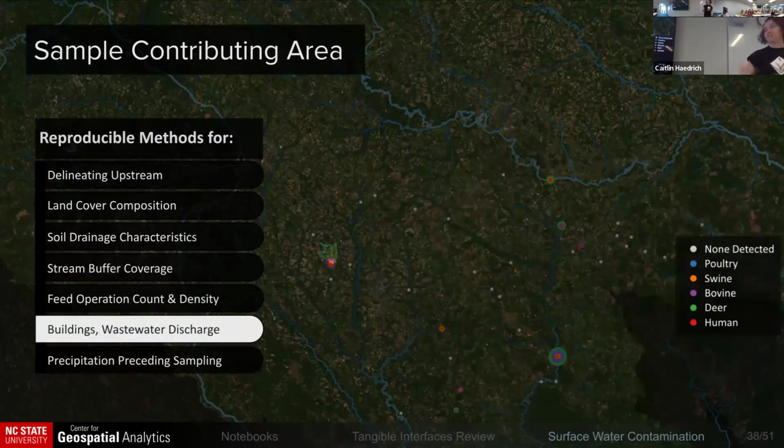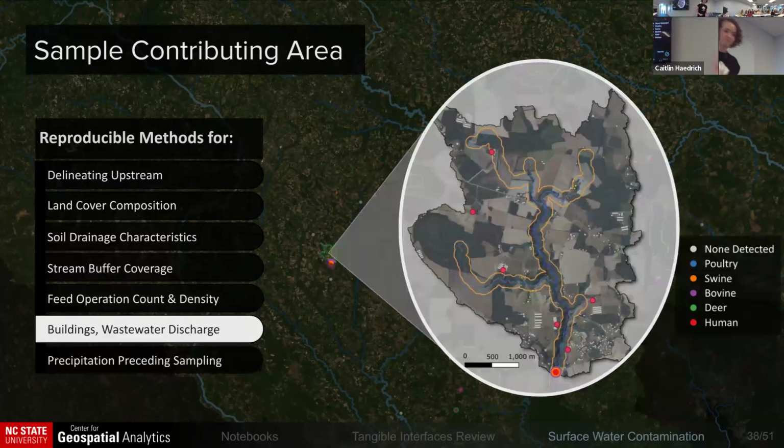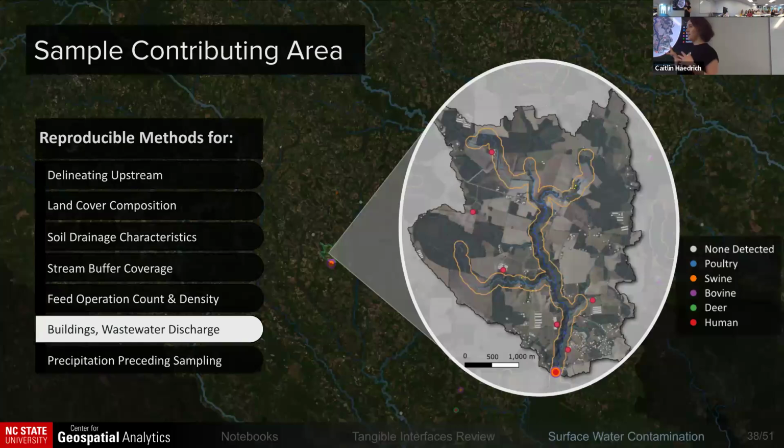For another example, a lot of these tested positive for human DNA. If we look at one of those sites, this one tested positive for human, swine, and bovine. I have the animal feed operations in red. And then we developed a workflow to look for buildings that were within 100 meters of the stream.